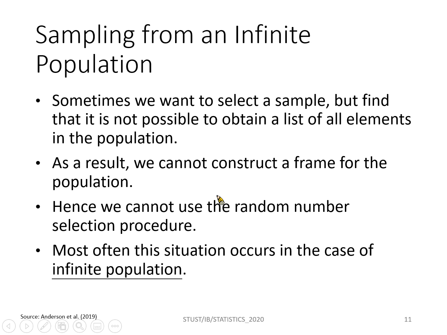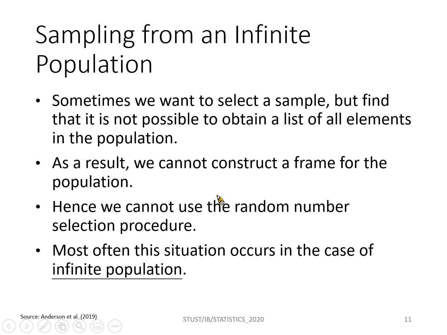And the other case we would like to introduce is an infinite population. In an infinite population, sometimes we want to select a sample, but we will find it's not possible to obtain a list of all the elements in the population. As a result, we cannot construct a frame for the population.